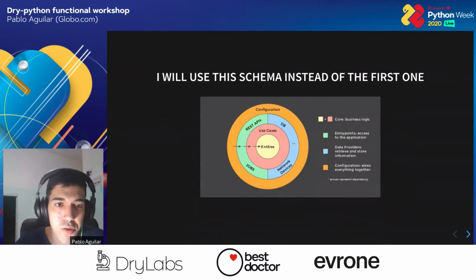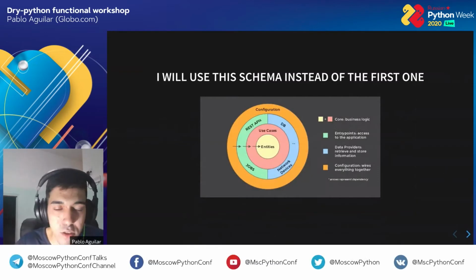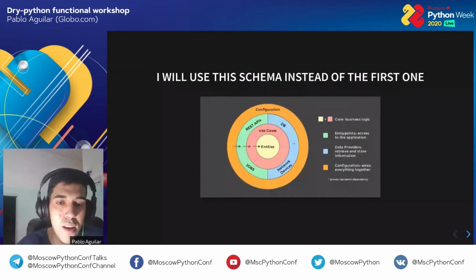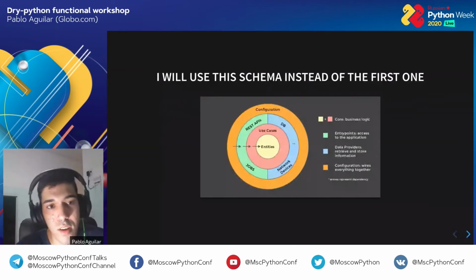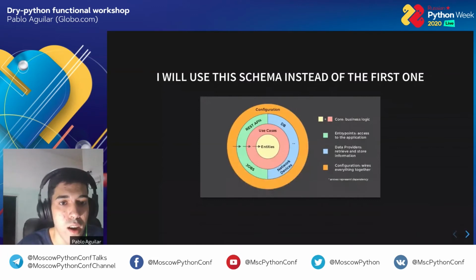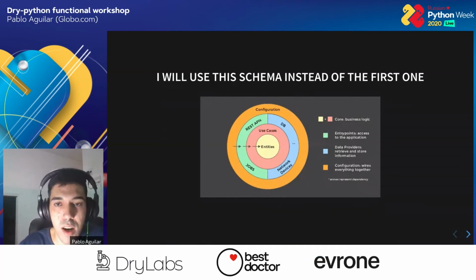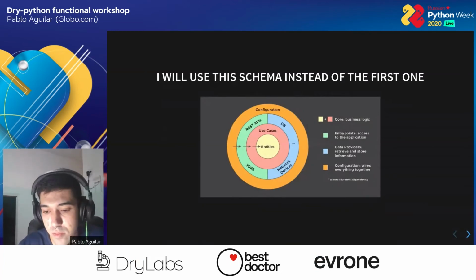So we have the entities and use cases layers, and to represent the interface and adapter layers, we can see what lives there: our REST API, our job, the database, and so on. And we have the outermost circle. This is the configuration.